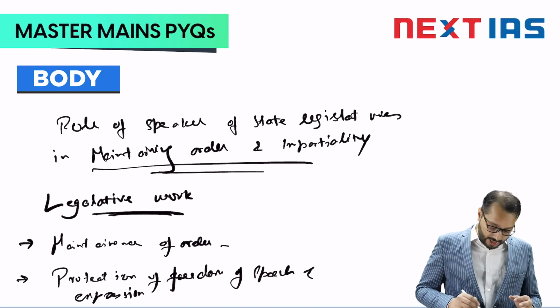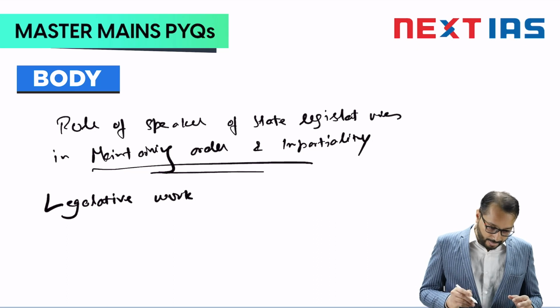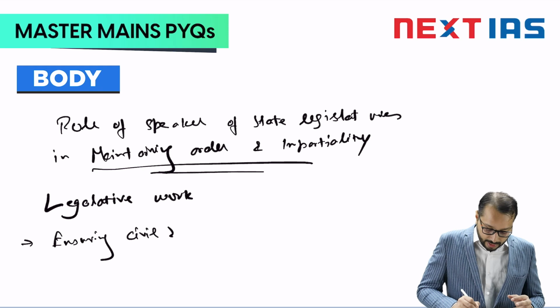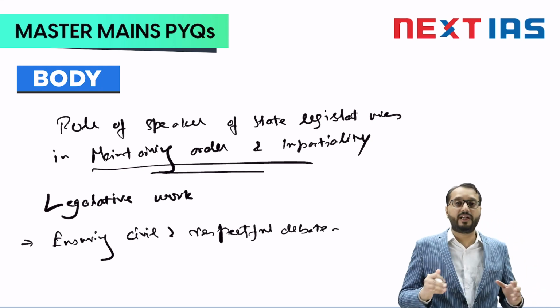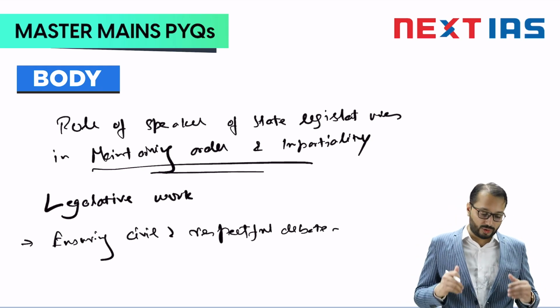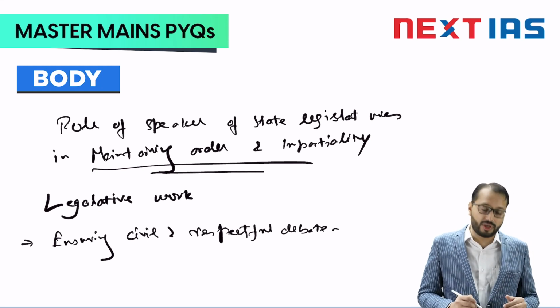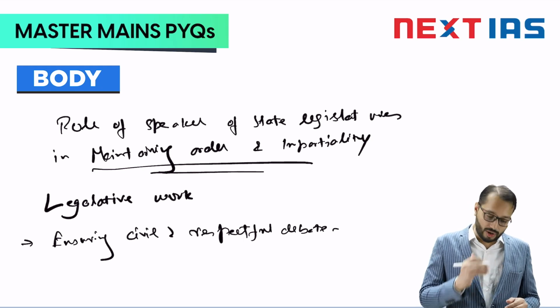Moving on, the next important point that you can highlight under legislative work would be ensuring civil and respectful debate. Even when the debate is happening, the presiding officers play a very vital role in ensuring that the debate remains civil and respectful at all times, right?